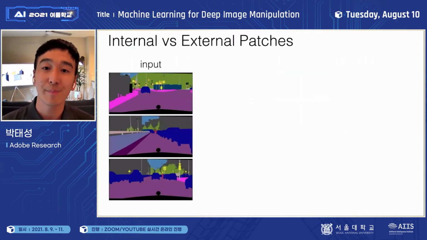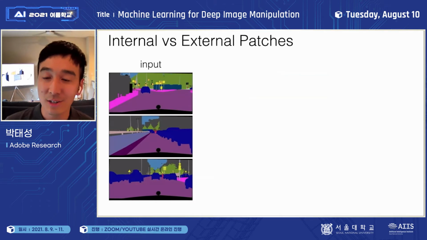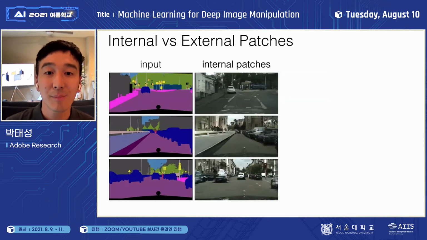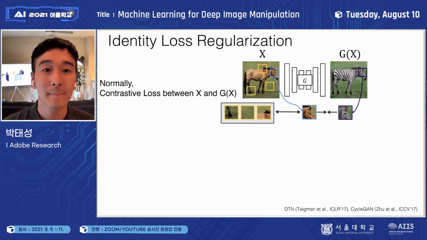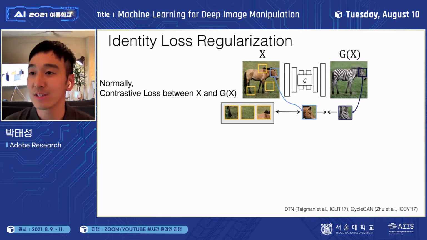Here's a visual comparison of using internal versus external patches. Compared to our default method, using the external patches causes more artifacts and signs of mode collapse. Also, we found that samples from the target domain can be used for regularization, following the identity loss used in CycleGAN.